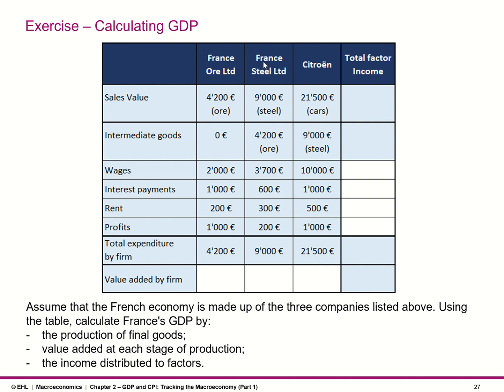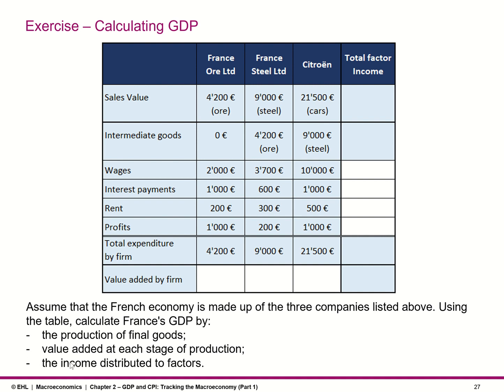This company has consumed the ore produced by France Ore Limited. So the added value is simply 9,000 minus 4,200. And for Citroën, you would do the same. You would calculate the added value in the same way: production value 21,500 minus all intermediate consumption, so here 9,000. In the end, you would end up with the same result as for the production approach.